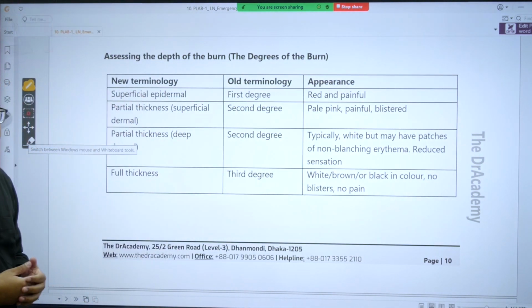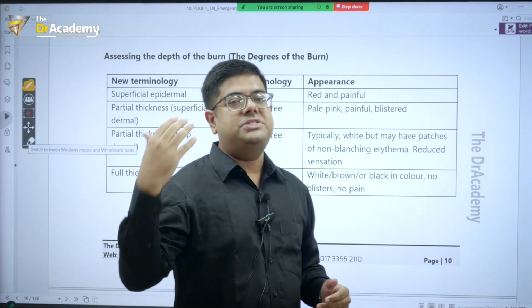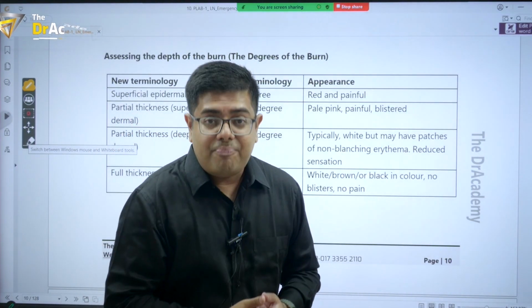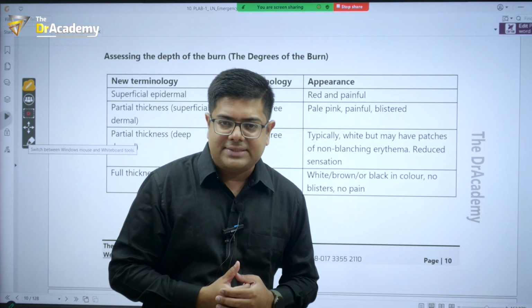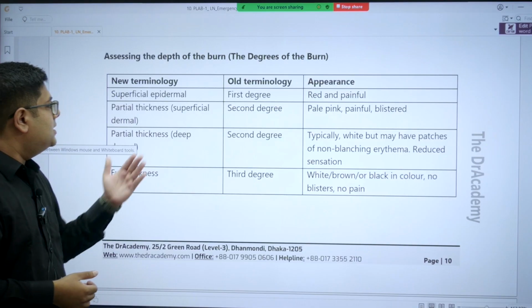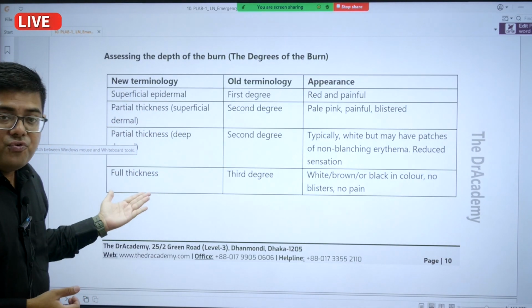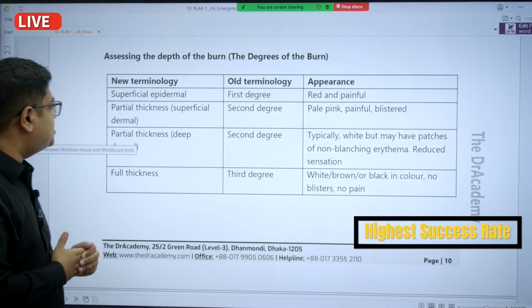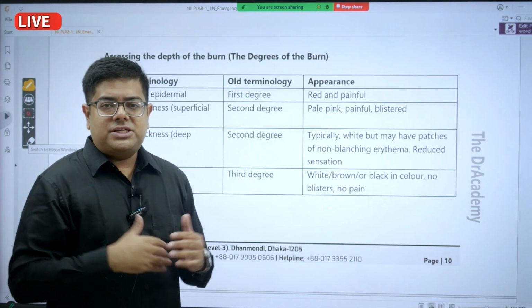See, superficial epidermal. We know skin has mainly 3 layers. The outermost is epidermal, then dermal, then the innermost is hypodermal. So according to those layers of skin, burn can be divided into 3 parts: superficial epidermal, superficial dermal, deep dermal, and then full thickness. That means hypodermis is also involved. So you have to memorize the classification of burn.